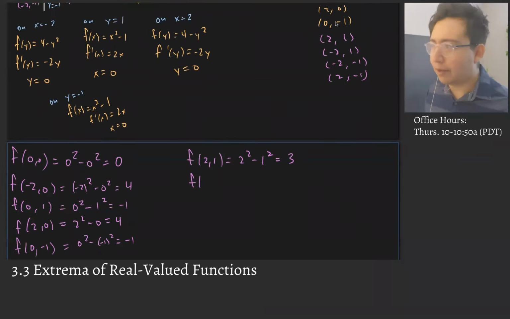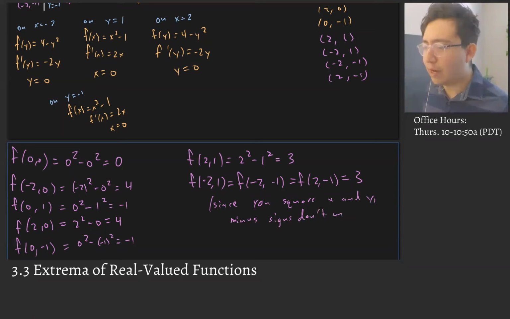These are all the same, right? Since you square x and y, negative signs don't matter. Again, geometrically, if you were to graph this, there's this rotational symmetry.